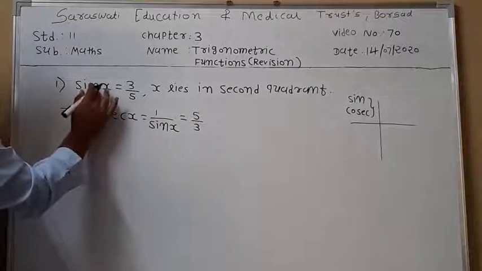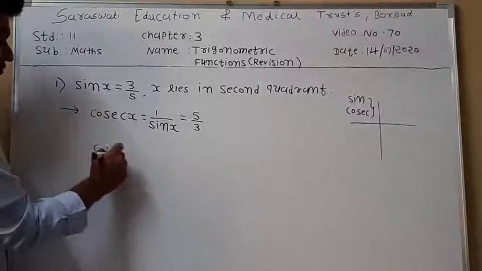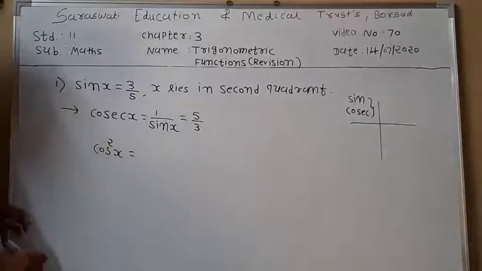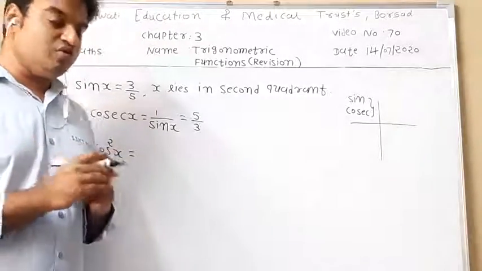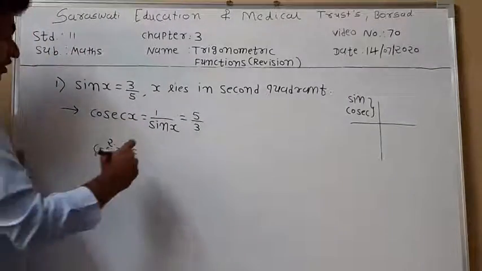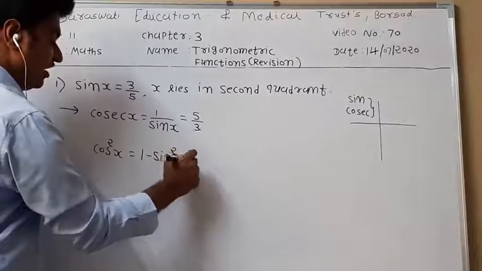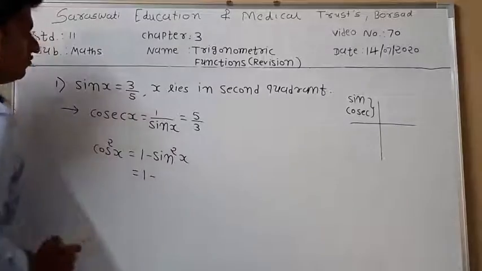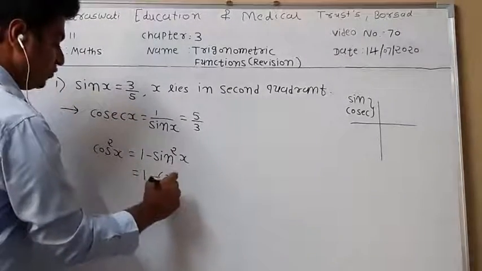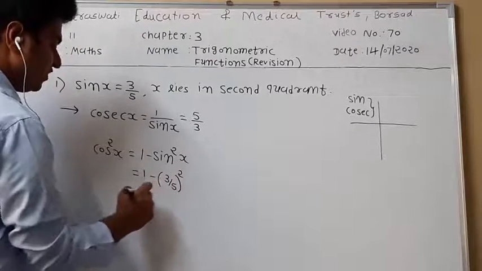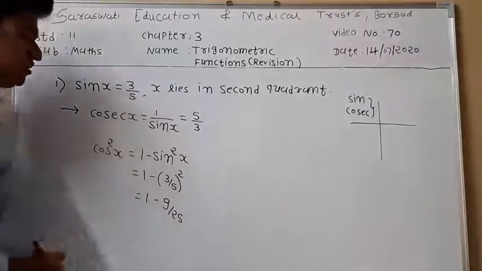Now using sin x, find out cos x. How can we find it? We know one relation, cos square x plus sin square x is equal to 1. Now cos square x is equal to 1 minus sin square x, which is 1 minus 3 upon 5 whole square, which is 1 minus 9 upon 25.